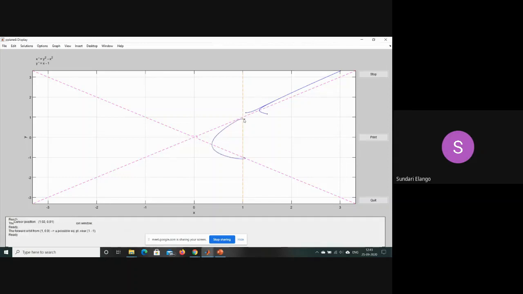This point is very interesting. Any point that you get over here gets attracted to this point. Again, as you can see, like before, there's some kind of a separatrix.